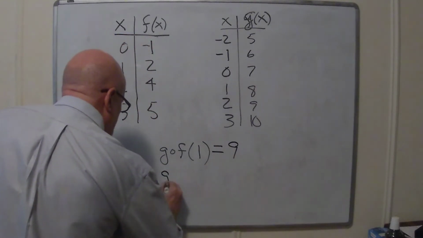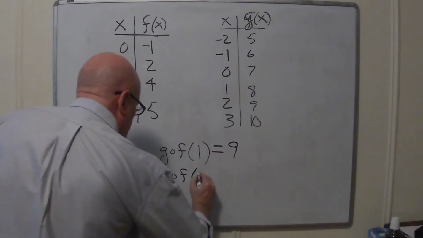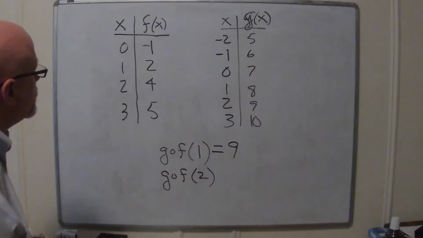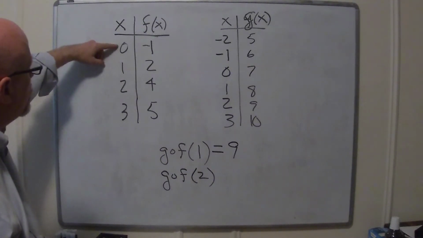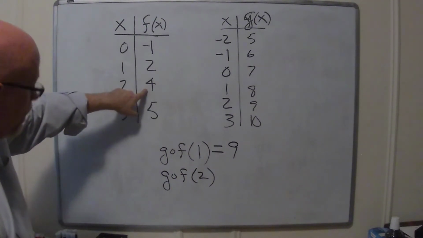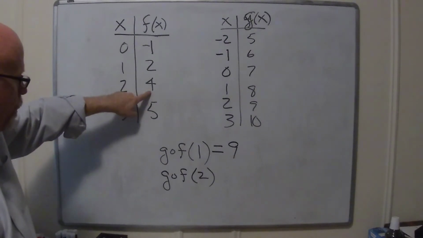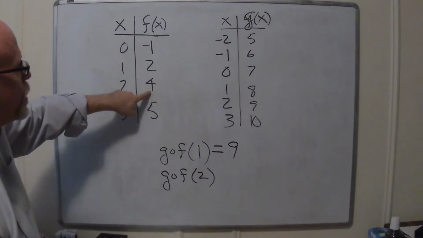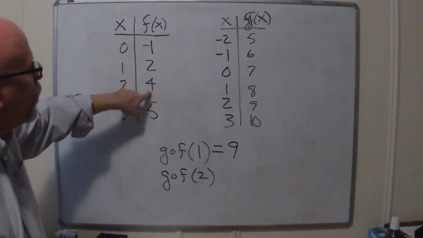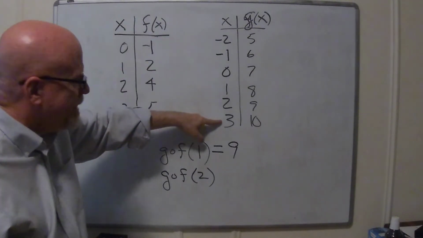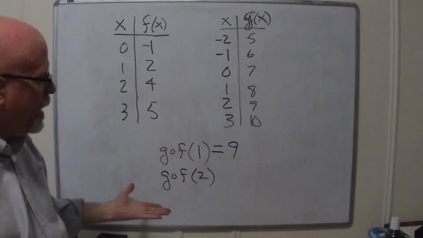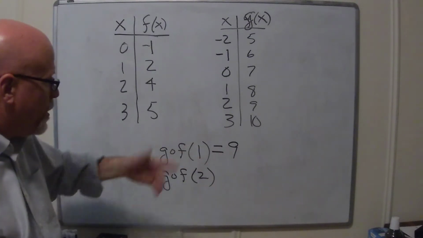How about the one that I started to do, GOF of 2? F sends 2 to 4, right? And then what does G do with 4? Well, I didn't say. So I'm off the edge of the table. If I had taken it one more step, maybe it would have something.